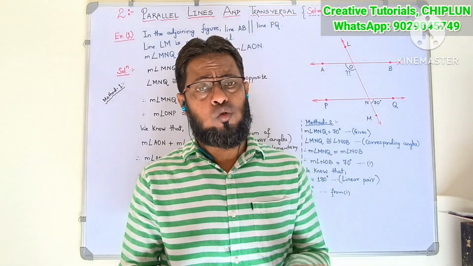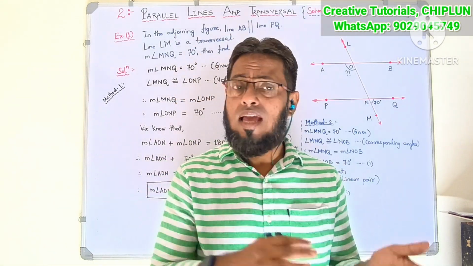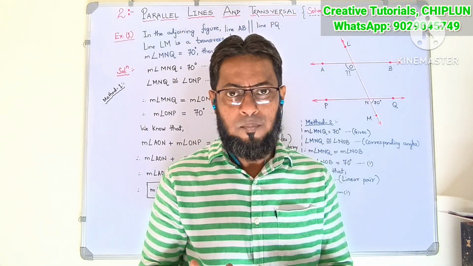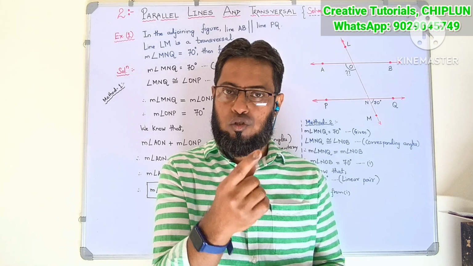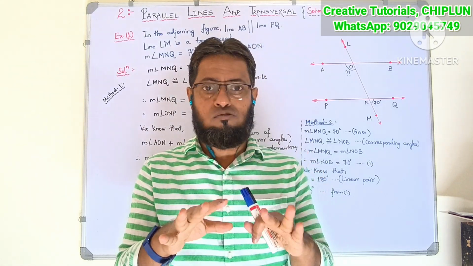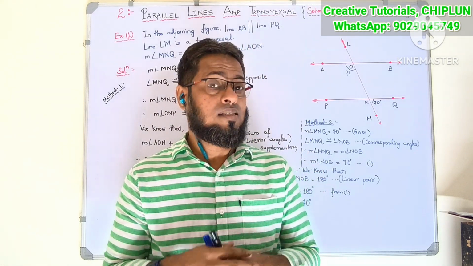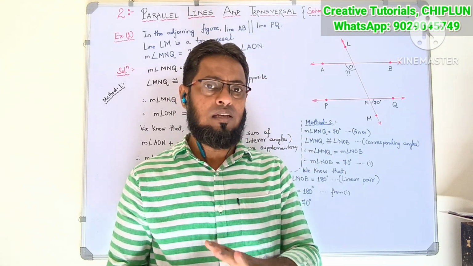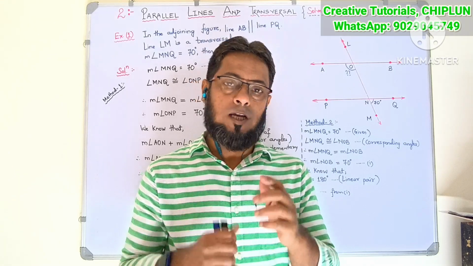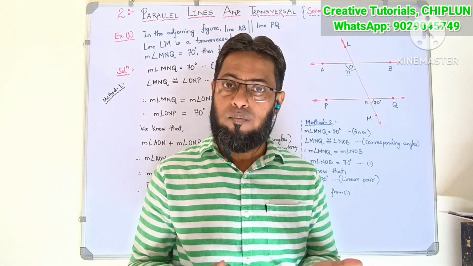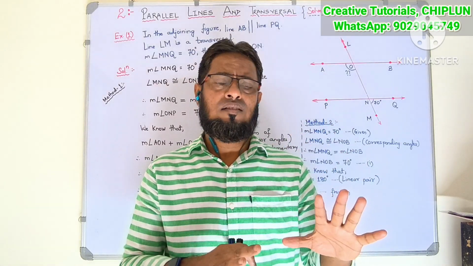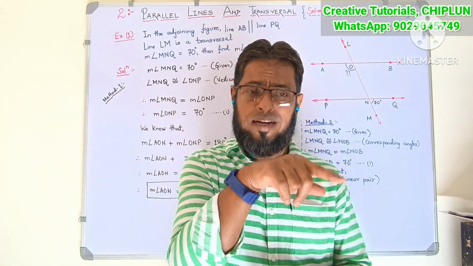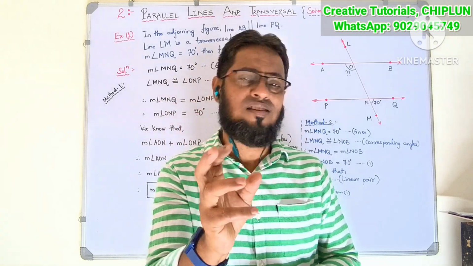The only thing is you need to know what angles they are forming, how the angles are being formed, and what the properties are. Those properties are already taught in my previous videos. So those students who have not seen that video, I suggest you please go back and see the complete video, so you will come to know how the angles are formed. I have tried my level best to explain how the angles are formed, how they are congruent, and all the properties in a very easy way.